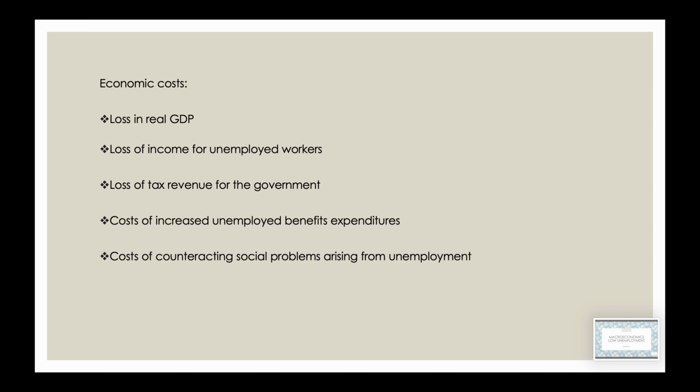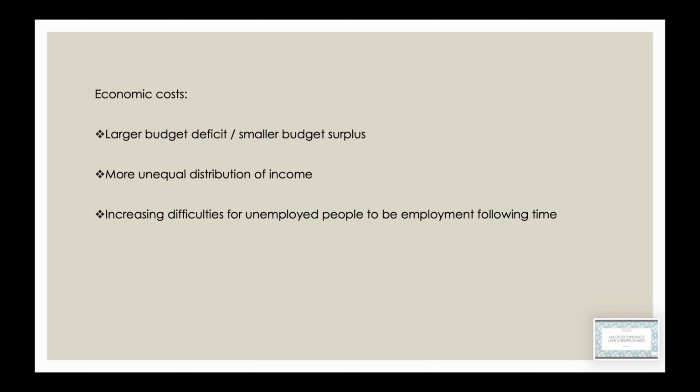And also we have costs for counteracting social problems arising from unemployment, like crime rates and so on. We have more: a larger budget deficit or a smaller budget surplus, and a more unequal distribution of income. Also, increasing difficulties for unemployed people to be employed full time.